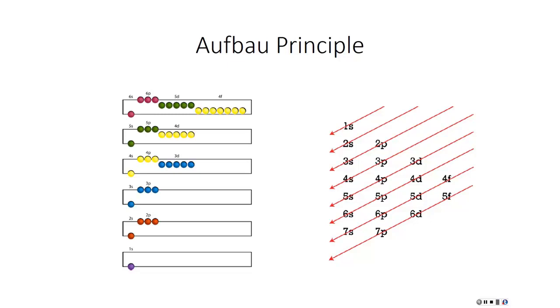And then, let's see, 1, 2, 3, 4, 5, 6. 6s2, 4f14, then the next one is 5d10, 6p2.